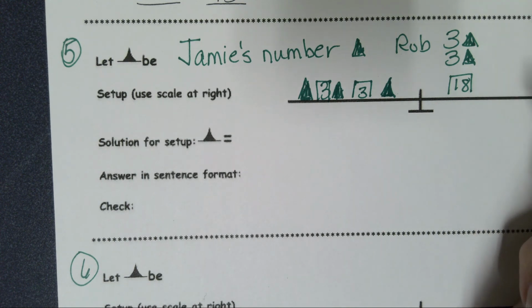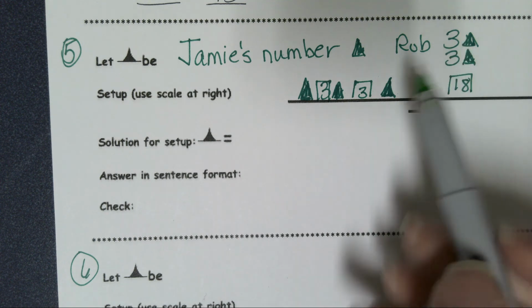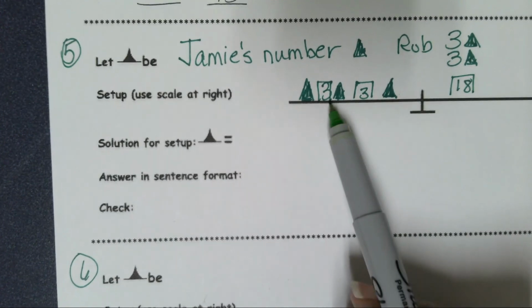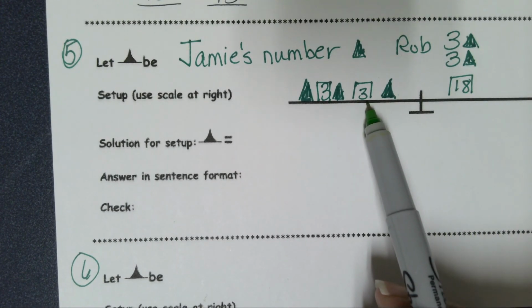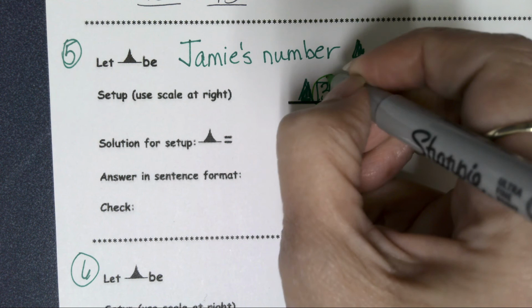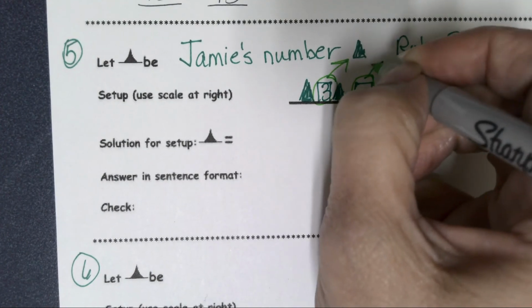So we have pawns only on the left side, so we're not going to move any of those pawns, but we have numbers on both sides. So we're going to need to take care of the lowest number of cubes. So we have 3 and 3 is 6 on the left and 18 on the right. Which one do we want to move? Well, we want to get rid of these 3's, so the pawns will be by themselves.